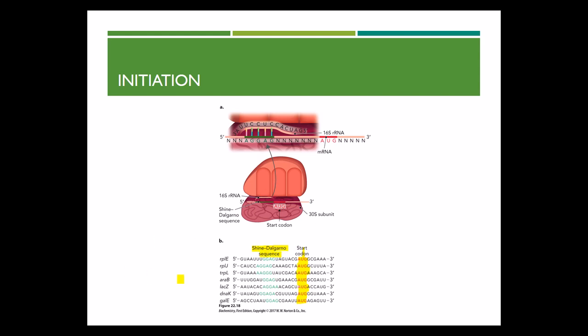This sequence is often rich in A and G nucleotides. This sequence base pairs with a complementary sequence at the 3' end of the 16S RNA component of the ribosome subunit. Thereby, it positions the initiation codon in the ribosome.